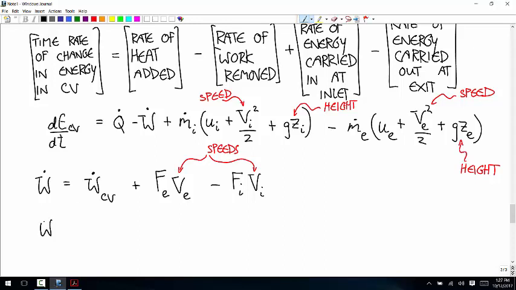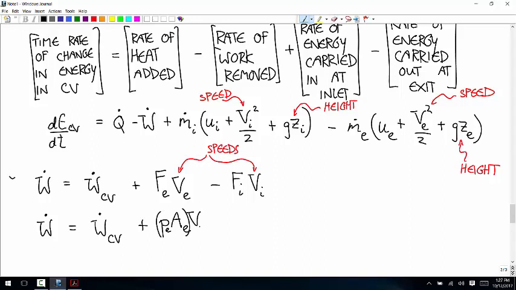And so now we can rewrite this as W dot is equal to W dot in the control volume plus that force at the exit, which is the pressure at the exit times the area at the exit, right?